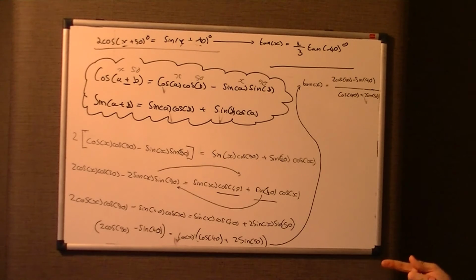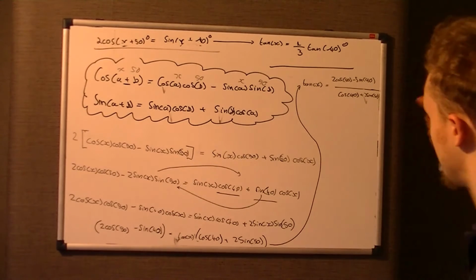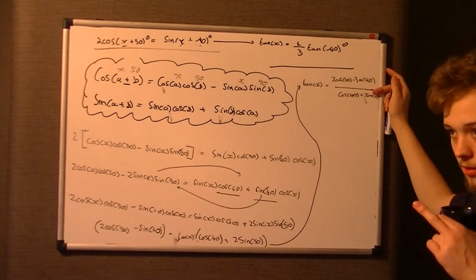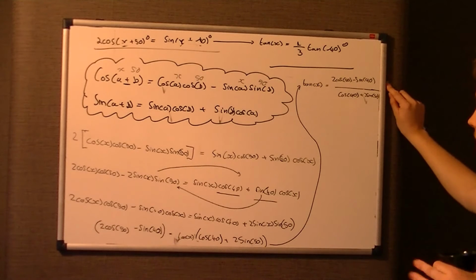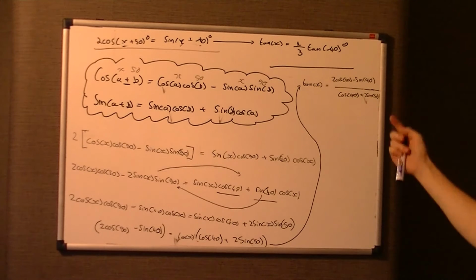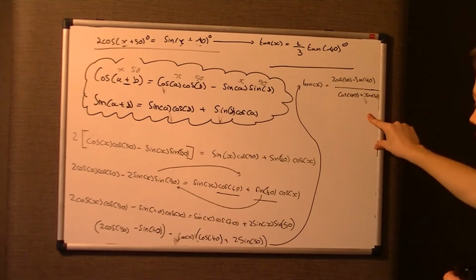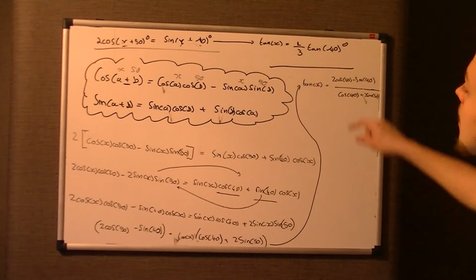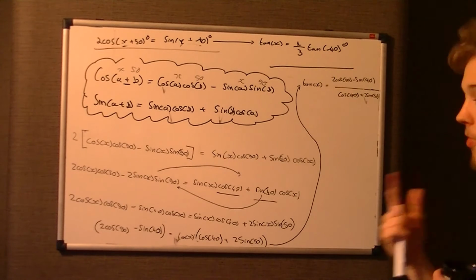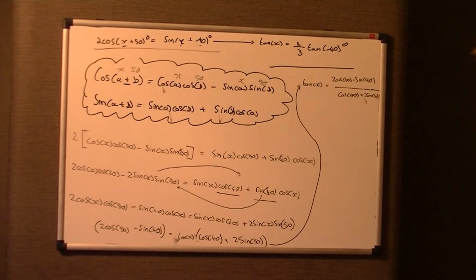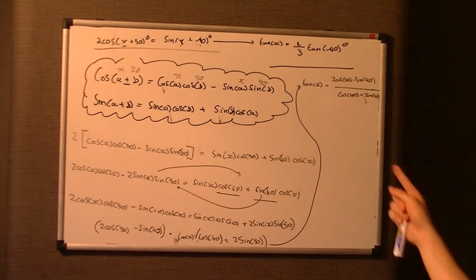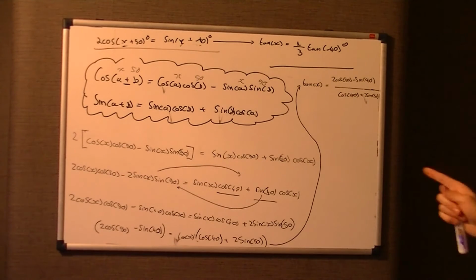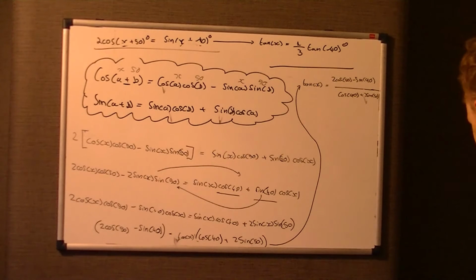What we need is the top in terms of sine and the bottom in terms of cos, but with the angle all 40. That is because we need the bottom to be 3 cos 40 and the top to be 1 sine 40, to enable us to get a third of tan 40. To do that, we need to convert cos 50 to sine, and we need it all in terms of the angle of 40 degrees, because that's the angle given in the question.